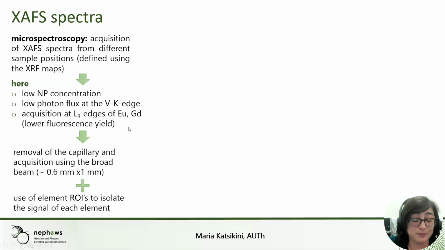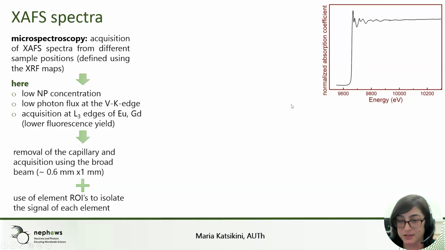The quality of the spectra using the capillary was not very good, so we removed the capillary and did the acquisition with a broader beam of 0.6 to 1 millimeter. We have also used the ROIs in this case in order to isolate the signal from vanadium, europium, and gadolinium, and get rid of the background due to preceding edges.